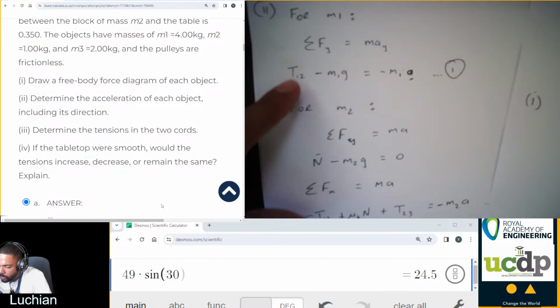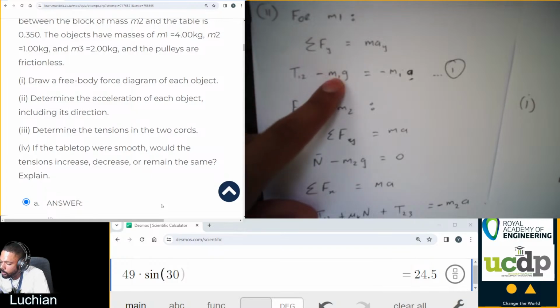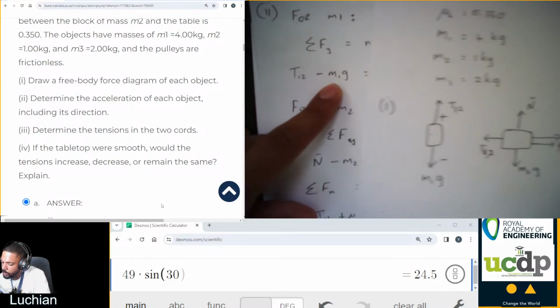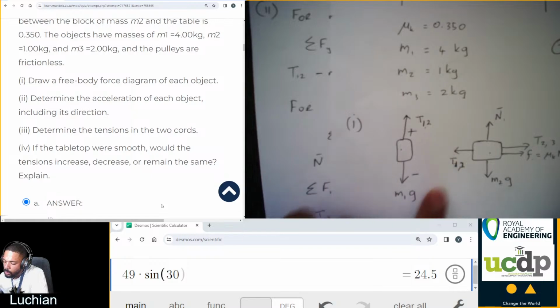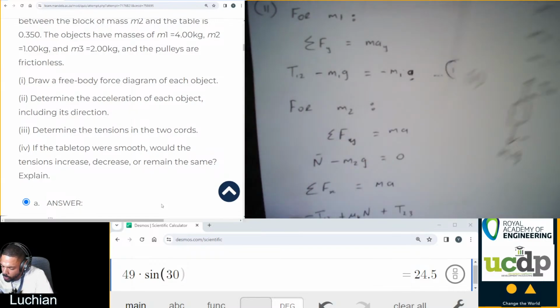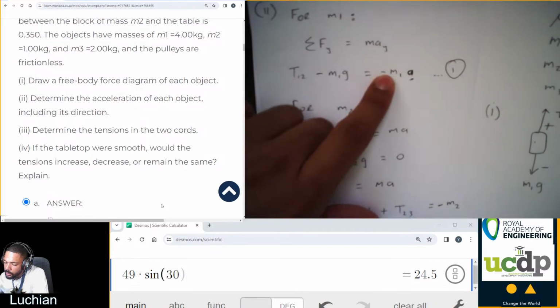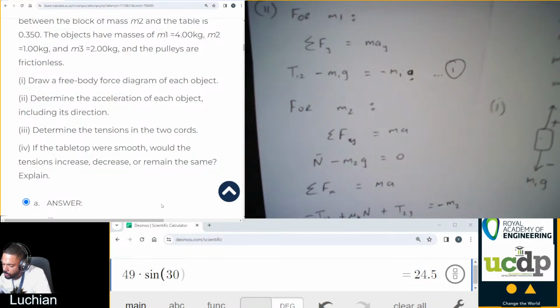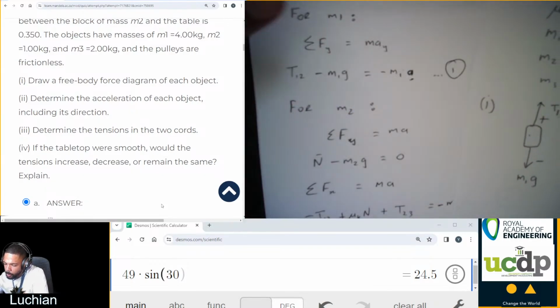It is positive and then it is negative M1G. Then here T12 will be negative. Those two will be positive. The acceleration will be towards the left, so it will be negative. The acceleration is also downwards, so it's negative.